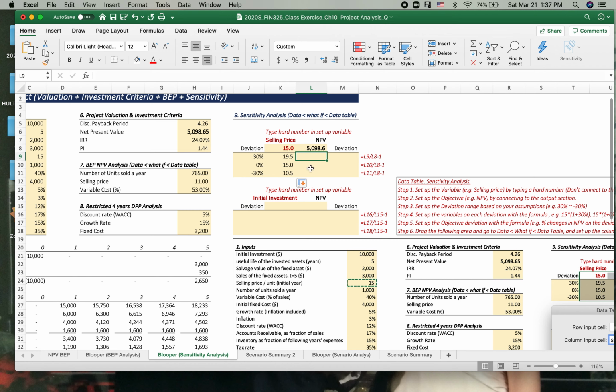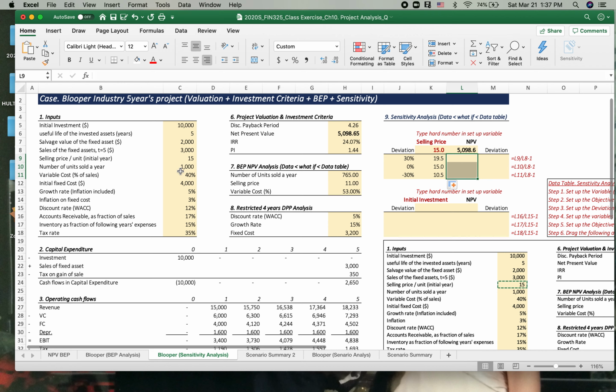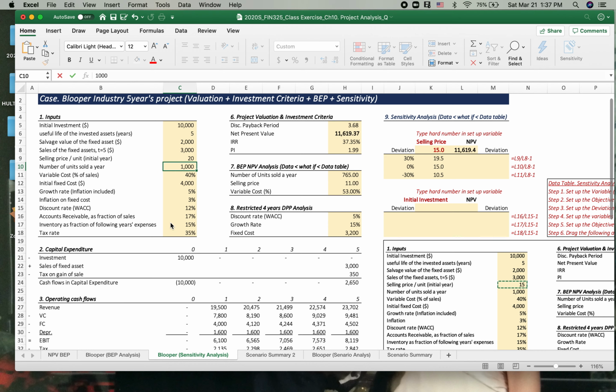And then for the NPV deviation, we want to calculate this NPV when the selling price changes. Maybe you can just manually enter 19.5, and then write down the 11,619.